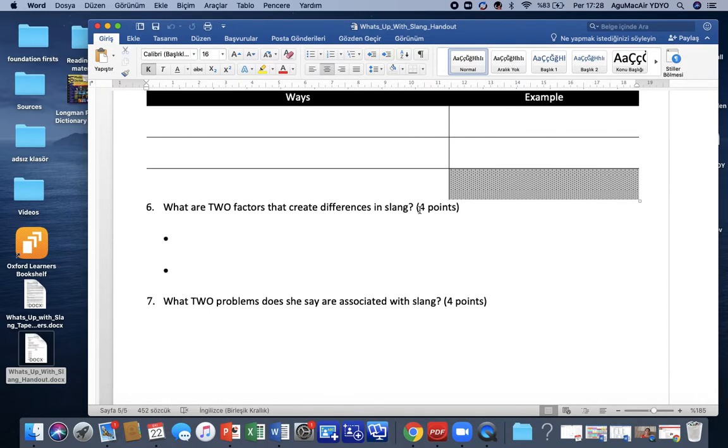And the next question is, what are two factors that create differences in slang? It's 4 points. Yeah, you need to write two factors that create difference in slang. Of course, while answering these questions, you need to write relevant information. And if you write more information and if they are relevant, it is better, of course.